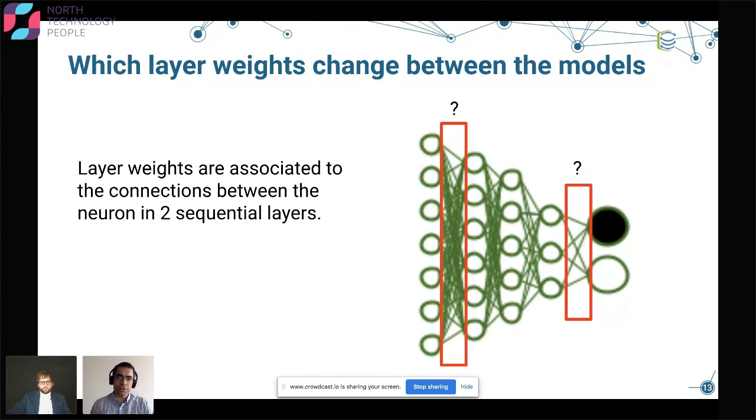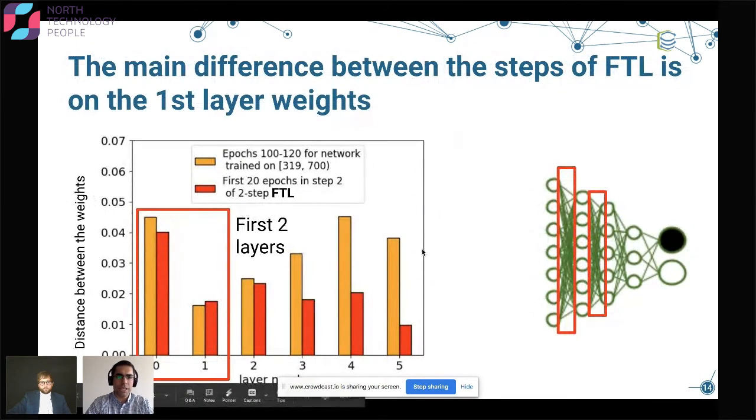So we compared the layer weights between FTL and non-FTL models, but we wanted to see how layer weights change across epochs. So here what we see is distance of layer weights between epoch 100 and 120 for non-FTL models shown in orange and FTL models shown in red.